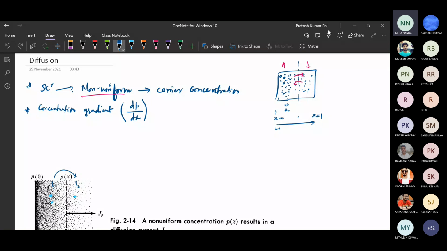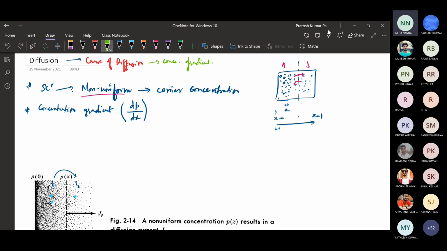One of the questions that can be asked in an objective is, what results in this diffusion? Why is diffusion resulted, or we can call it the cause of diffusion. So the cause of diffusion is the concentration gradient. If there is a concentration gradient, that only results in diffusion.